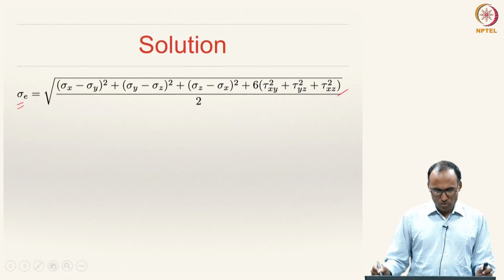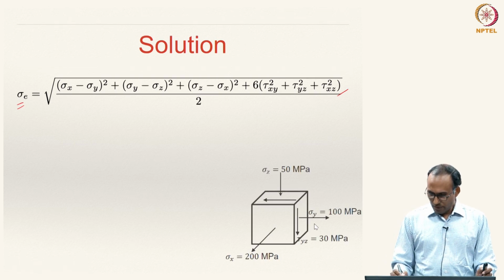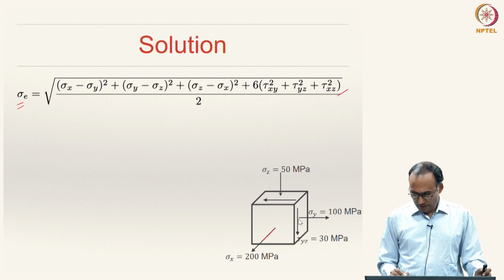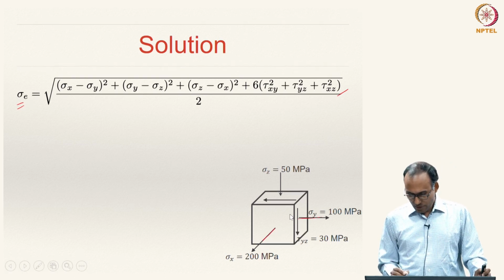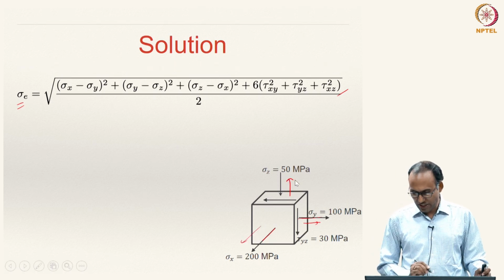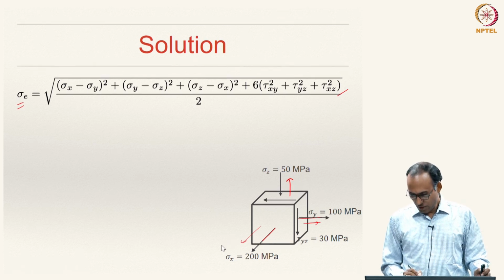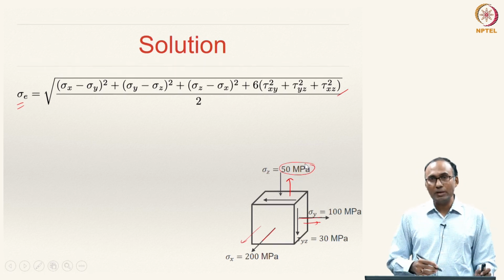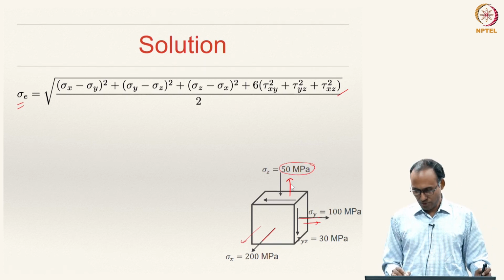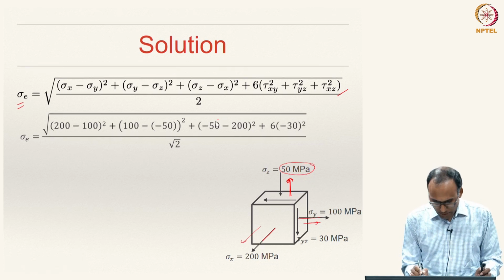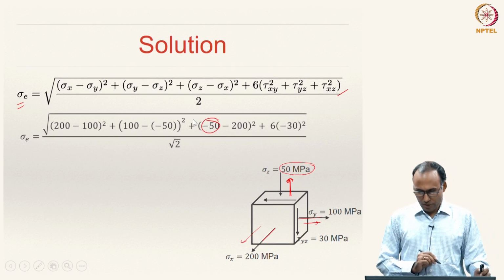So, I am writing this in this way, this is sigma x and that is sigma y, so that means x axis is in this direction, y axis is in this direction, so z axis should be in this direction, positive z in that direction. So, when you are writing sigma z, it should be minus 50 MPa, because it is compressive. This is the direction of your axis, it is going in the negative direction, it should be compressive. So, that is why we are taking sigma z to be negative, right.